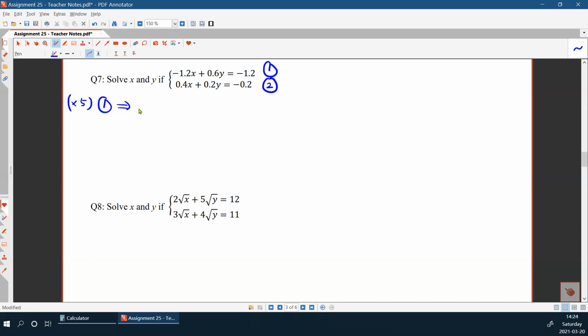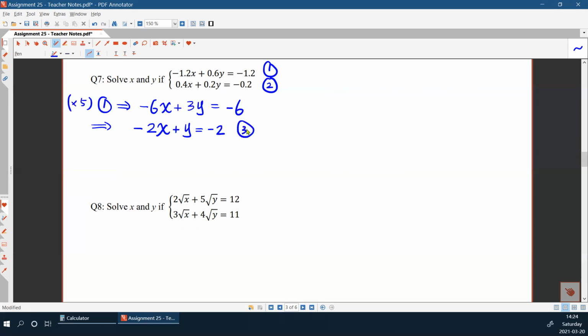So this will give you minus 6x plus 3y equals minus 6, right? And this can actually be further simplified by dividing 3 to both sides of the equation. So this will give you minus 2x plus y equals minus 2, right?